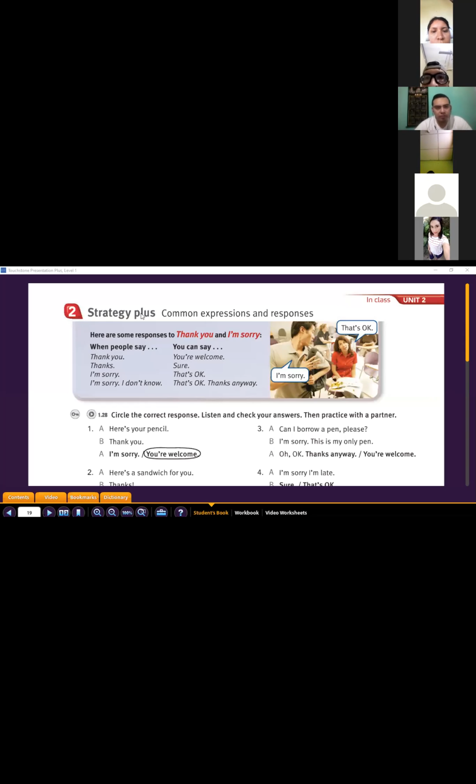When people say thank you, you can say you're welcome, because thank you is formal and you're welcome is formal. When people say thanks, you can say sure. Why? Because thanks is informal and sure is informal too.